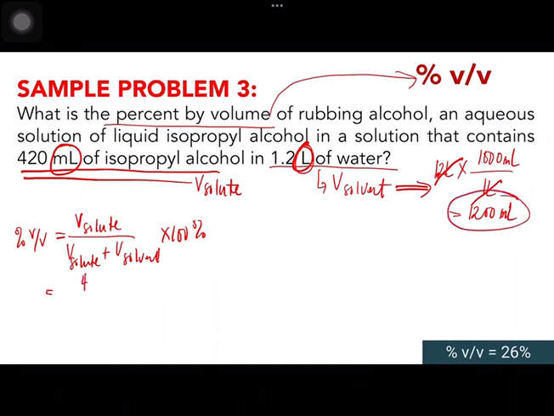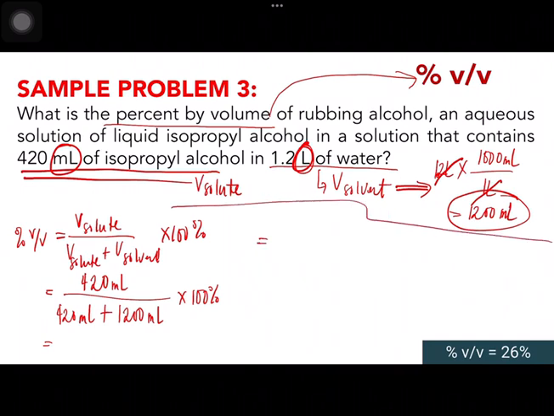So, let's input the value. So, the volume of solute is 420. So, 420 ulit dun sa denominator plus the volume of your solvent, which is 1,200 ml times 100%. So, just simplify. So, you have 420 ml over, this is 420 plus 1,200.